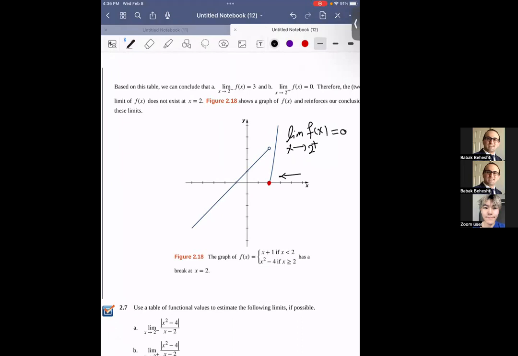But if you approach 2 from the left side, the limit of f of x as x goes to 2 from the left side is equal to, no, it's not 1, it's 3.